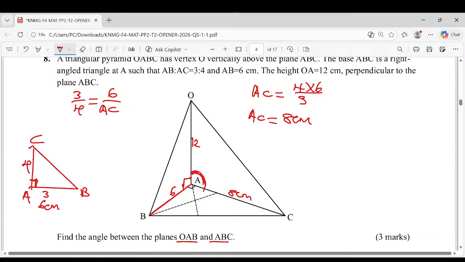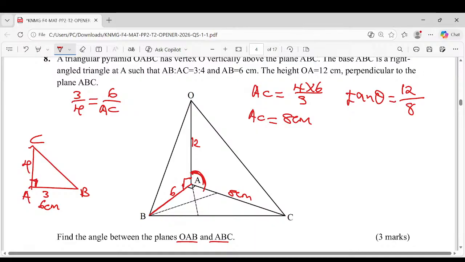That means when you take tan theta, it's going to be the opposite, which is 12, over the adjacent, which is going to be 8 in this particular case.